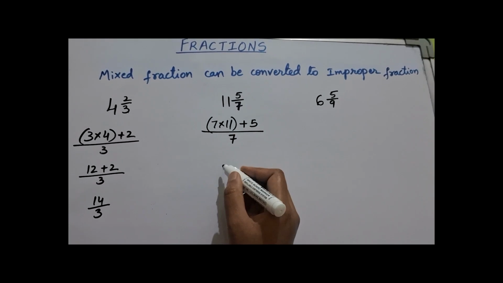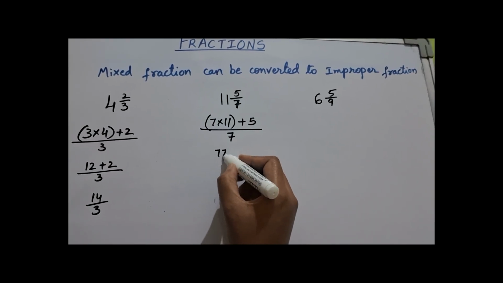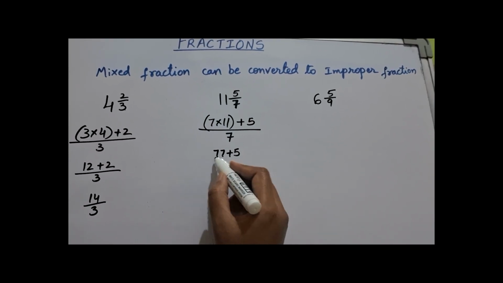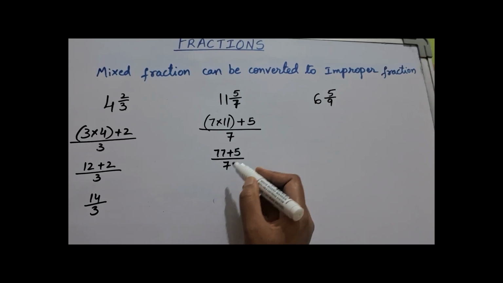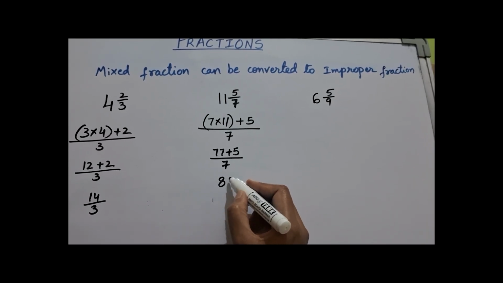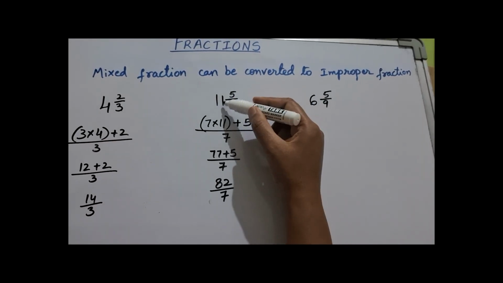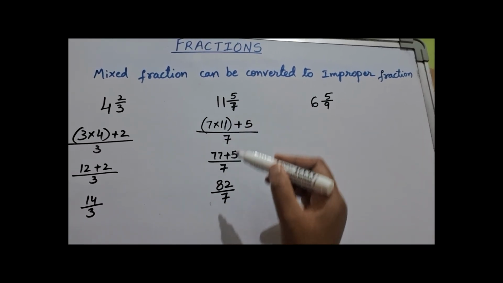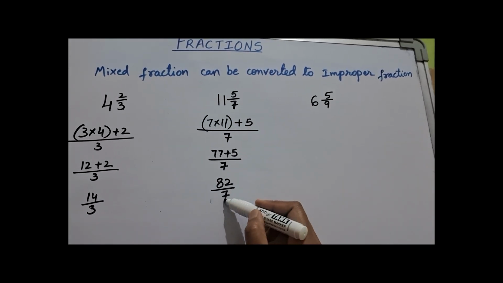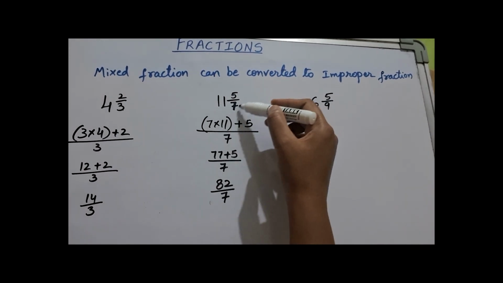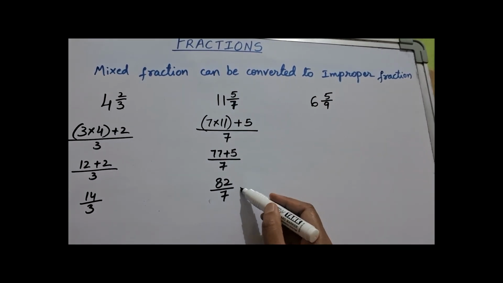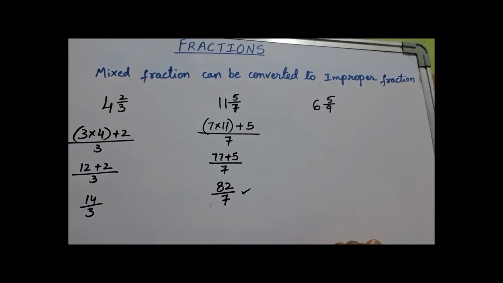Now if you calculate this, what will we get? 77 plus 5 by 7, which is equal to 82 by 7. So 11 5 by 7 is equal to 82 by 7. The mixed fraction is converted to an improper fraction.